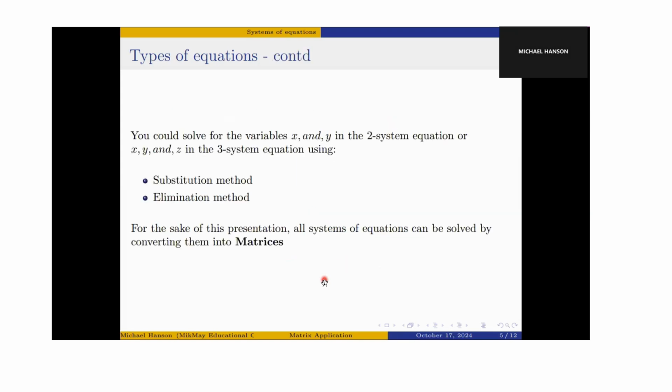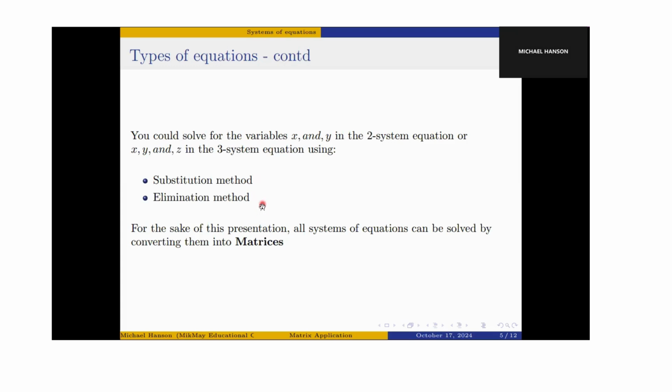Now, in our systems of equations solutions, there are two approaches that could be used. It's either the substitution approach or the elimination method. We have videos on the substitution method, how to use it to resolve two systems and three systems of equations. You could also consult our videos for a brief review on how to use the elimination method to resolve systems of equations.